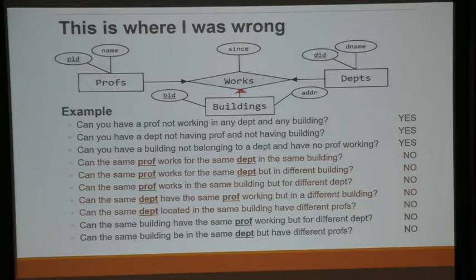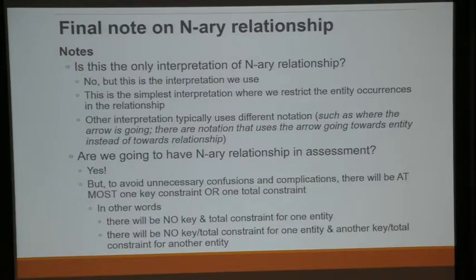So any questions? So yeah, for simplicity, we will not have more than one different arrow. Which means at most one key constraint or one total constraint. We will not have this arrow, which is key and total constraint.